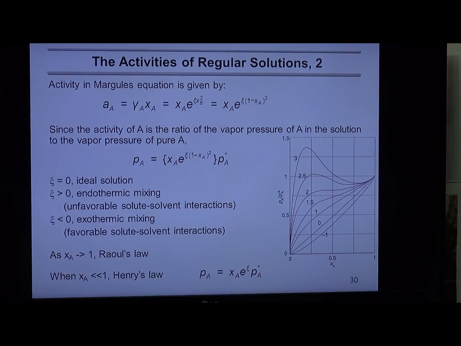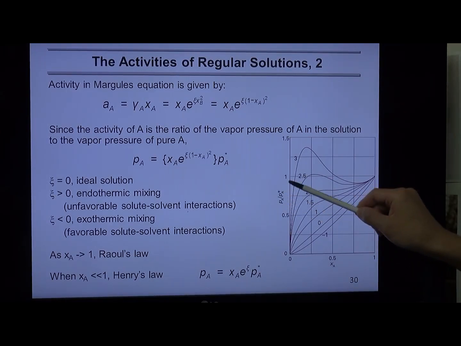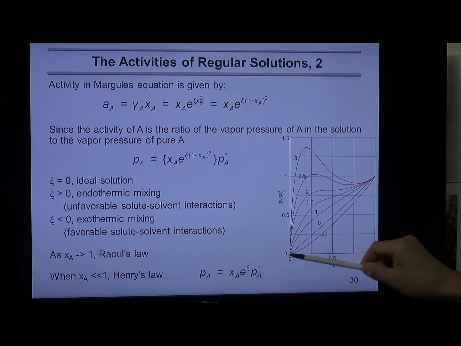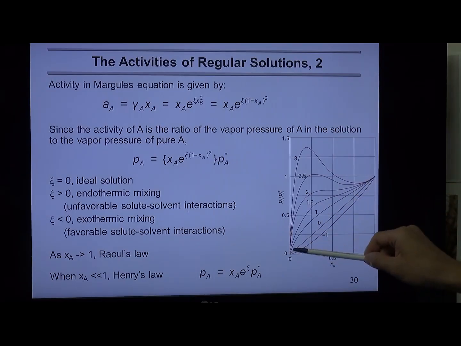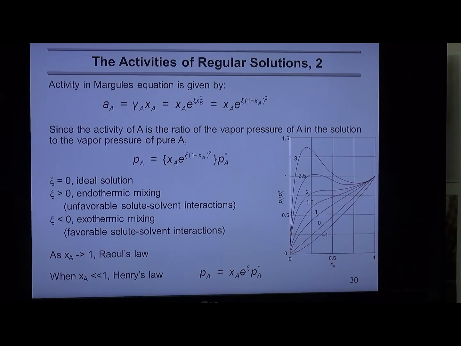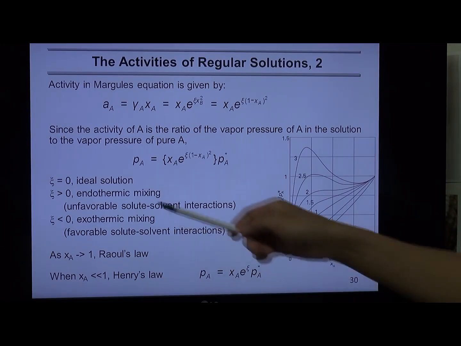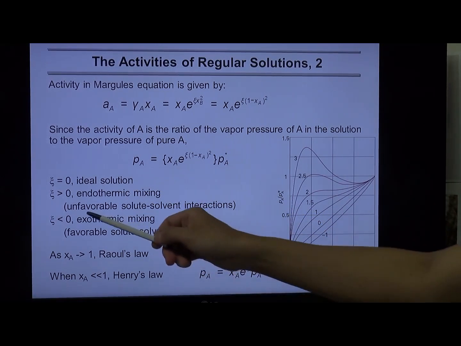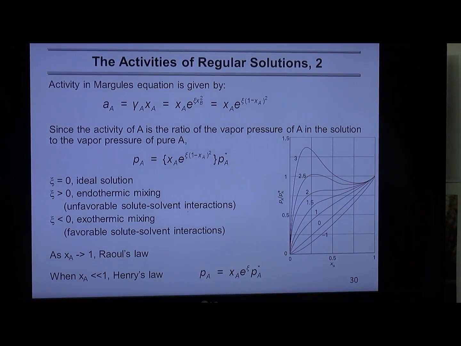In this case, the vapor pressure is larger than ideal solution, because the mixing is endothermic, which means that the mixing between solvent and solute is unfavorable.